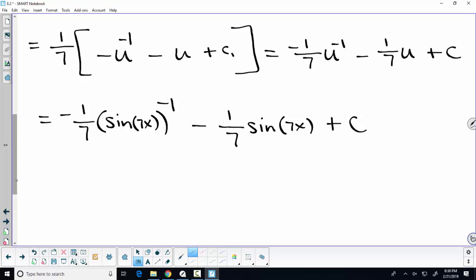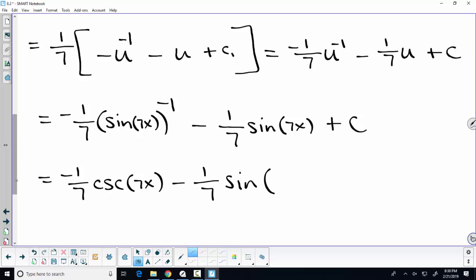Since this is 1 over sine of 7x, we can call that cosecant. Whatever you prefer, just don't confuse that with inverse sine.